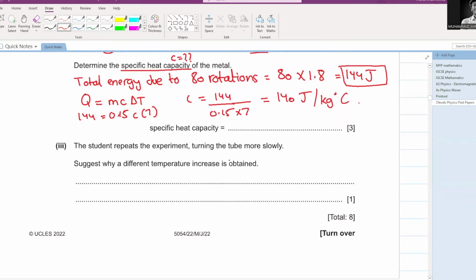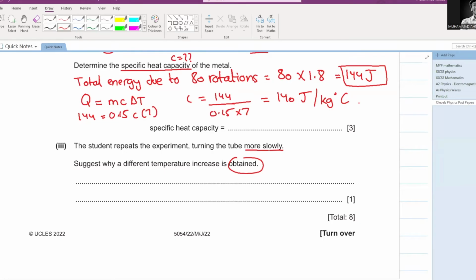The student repeats the experiment, turning the tube more slowly. Perfect. Suggest why a different temperature increase is obtained. बेटा अब जो स्टूडेंट है वो स्लोली क्या कर रहा है? ट्यूब को रोटेट कर रहा है. Why is a different temperature increase observed?